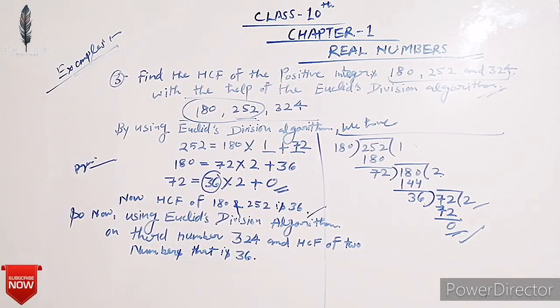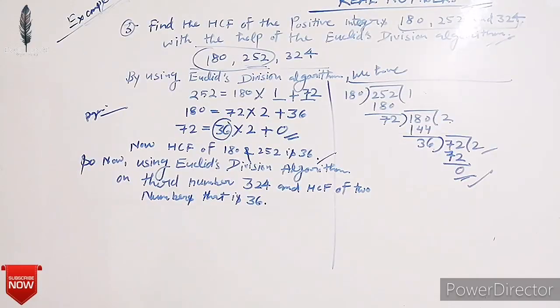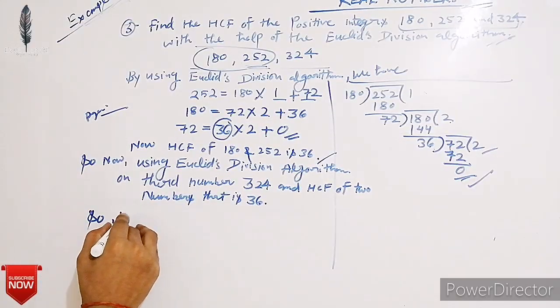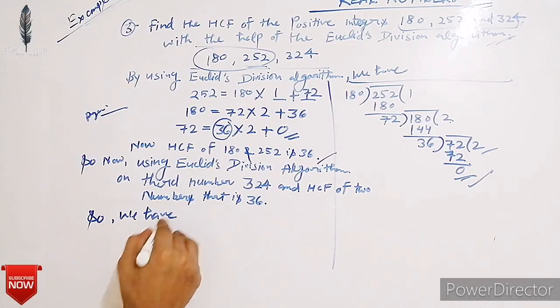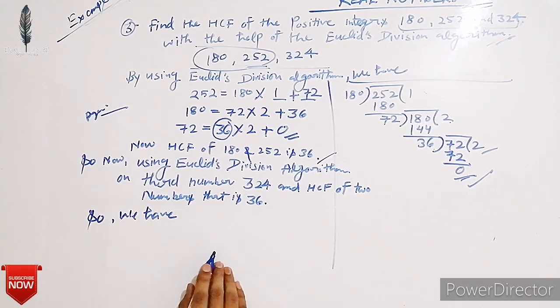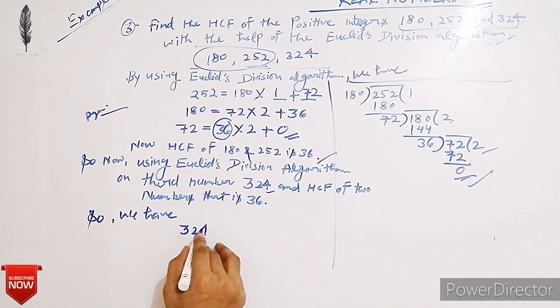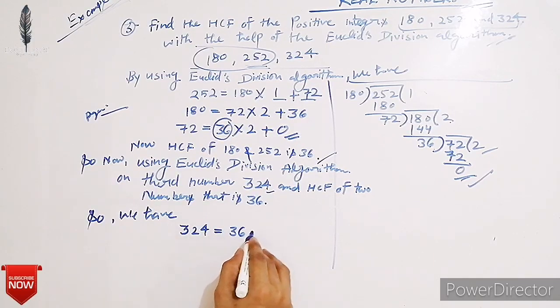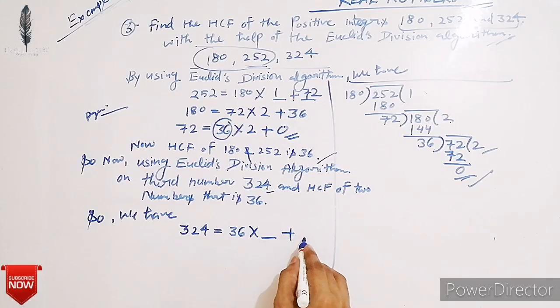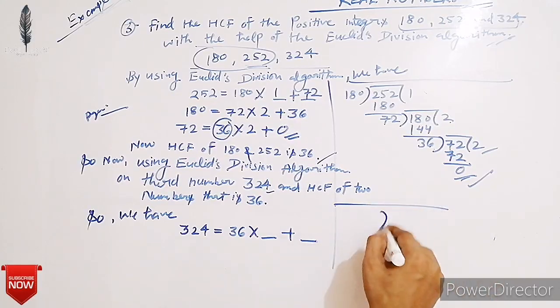So here we have dividend 324. Here 324 is equal to divisor 36 into quotient plus remainder.